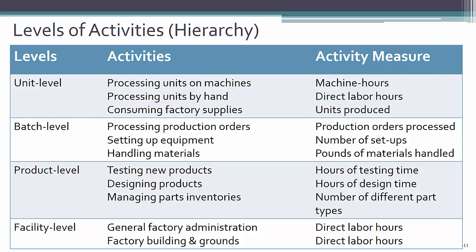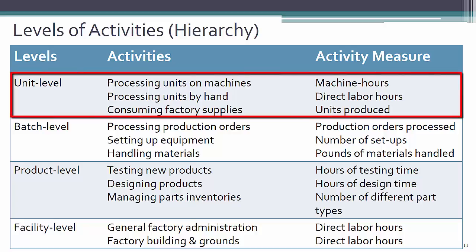As just mentioned, a common way to group activities is by whether they are performed for individual units, for batches, for products, or very broadly at the facility level. Well, what does that mean exactly? Unit level activities are performed each time a unit is produced.